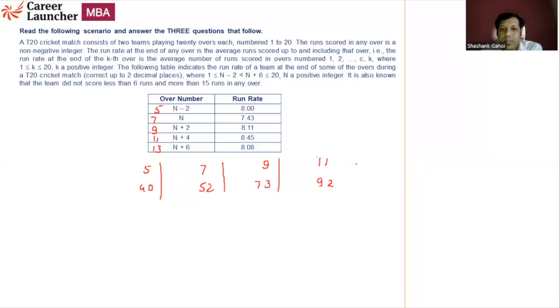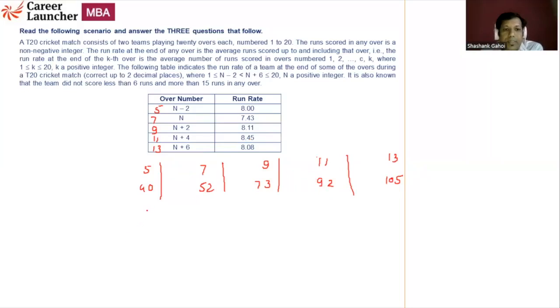Until 13th over, it is going to be this much. Okay, so we have 105. And it is going to be 92. Okay, so 11 it's 88, 88 plus 4 comes out to be 92.